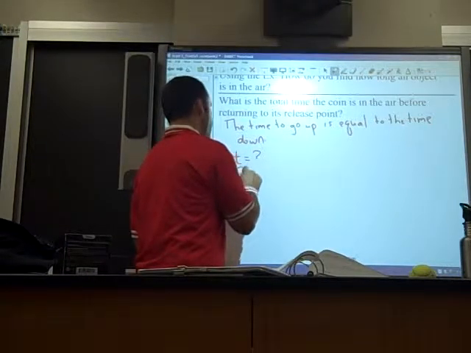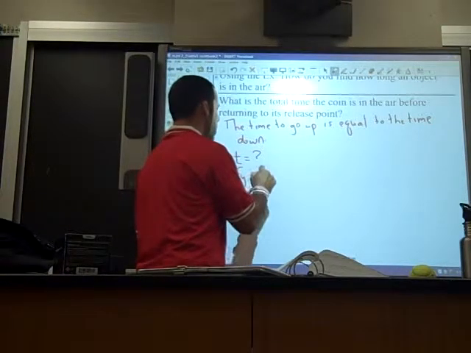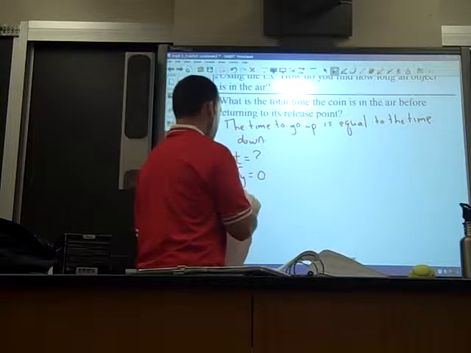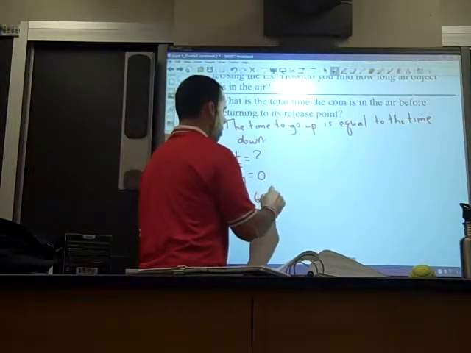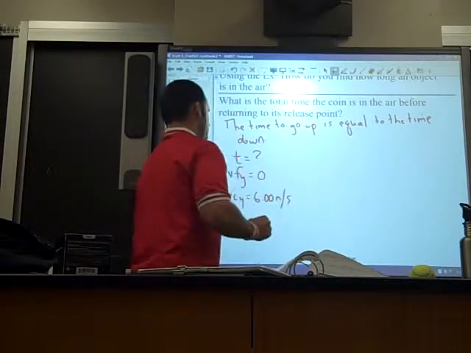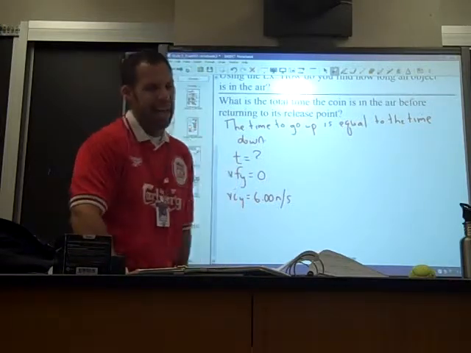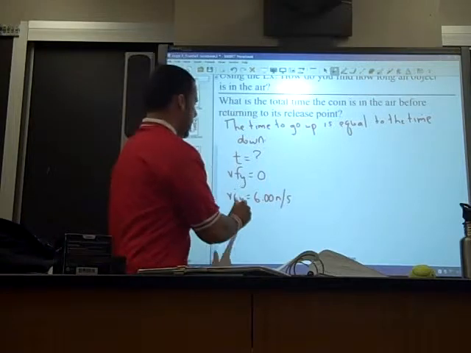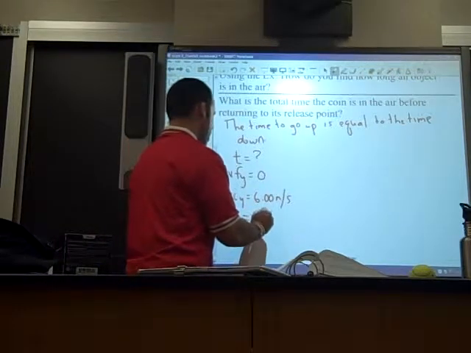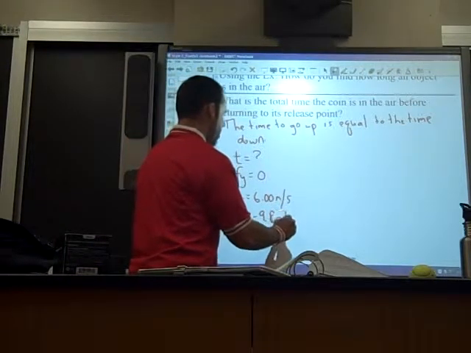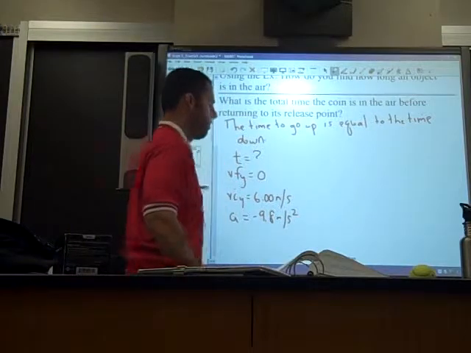I have a v final y equal to 0. I have a v initial y equal to 6.00 meters per second. And what else do I have? I have a equals negative 9.8 meters per second squared.